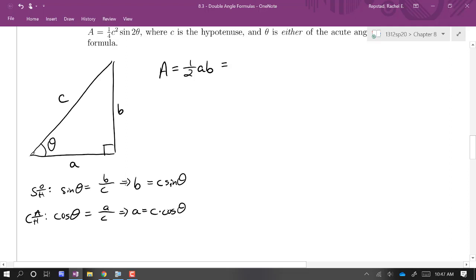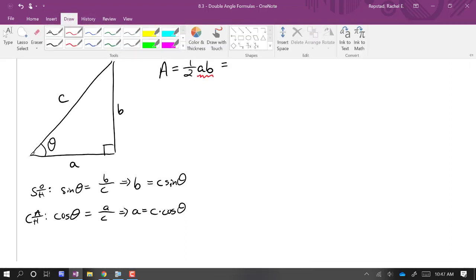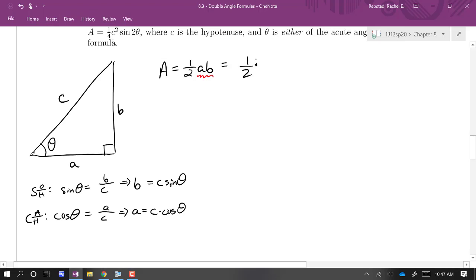And now that we have these expressions for A and B, we're going to substitute these in for A and B in this formula up here. So I've got 1/2 times A, which is C times cosine theta, and B, which is C times sine theta.